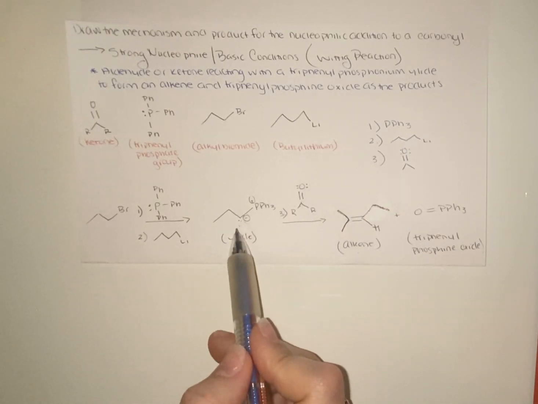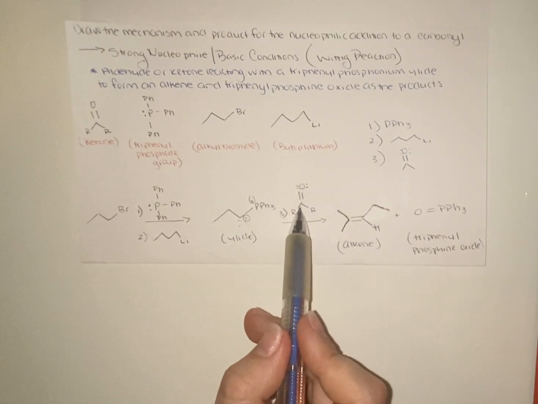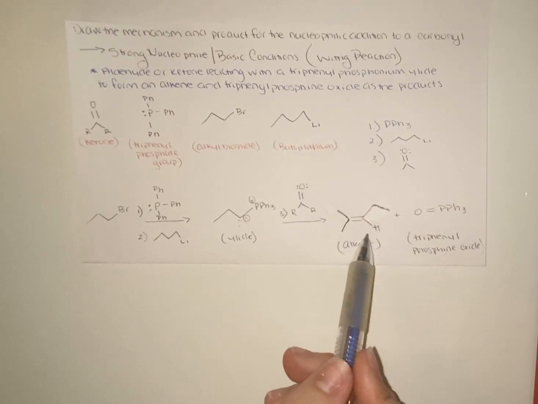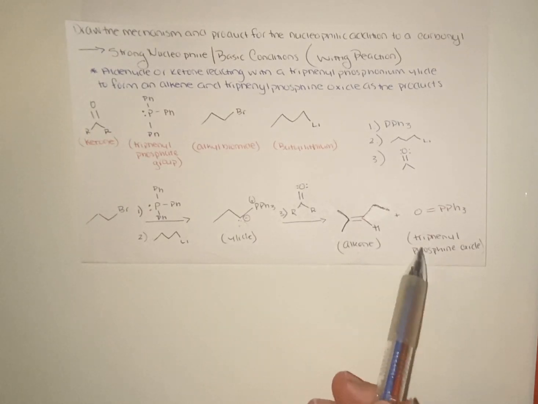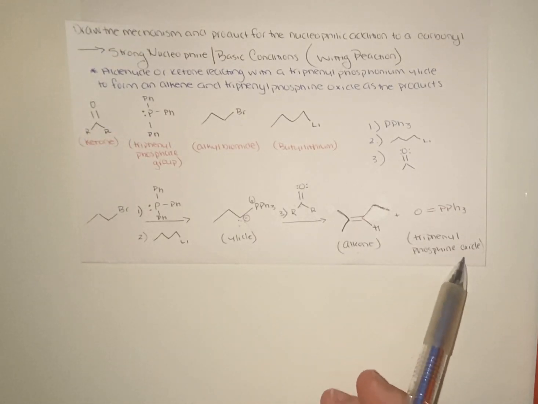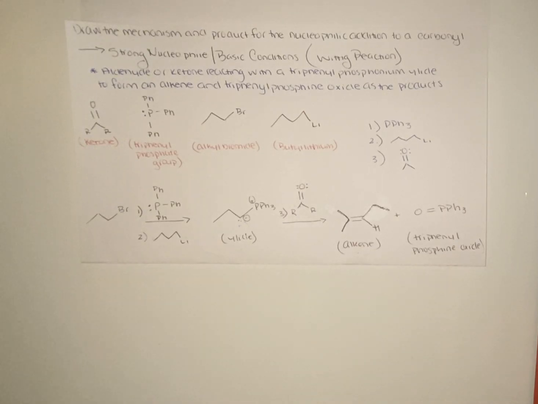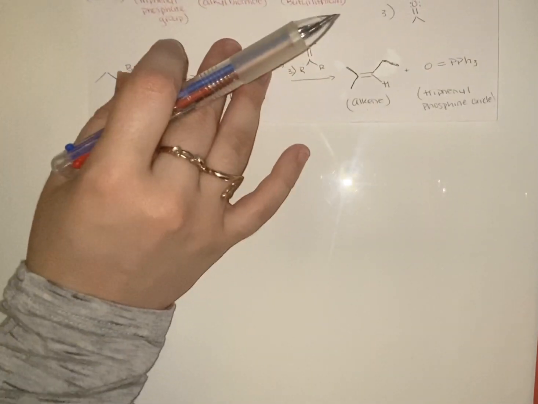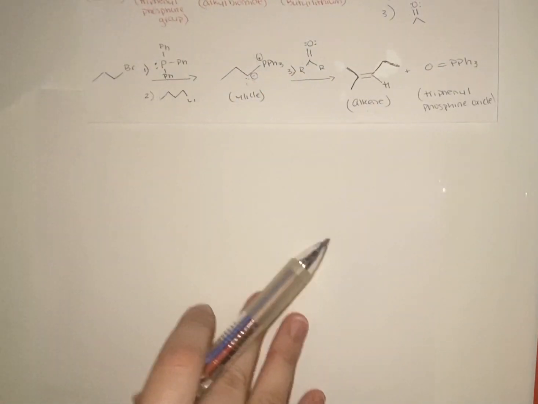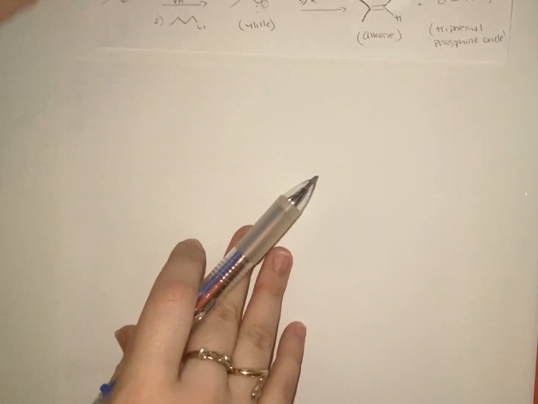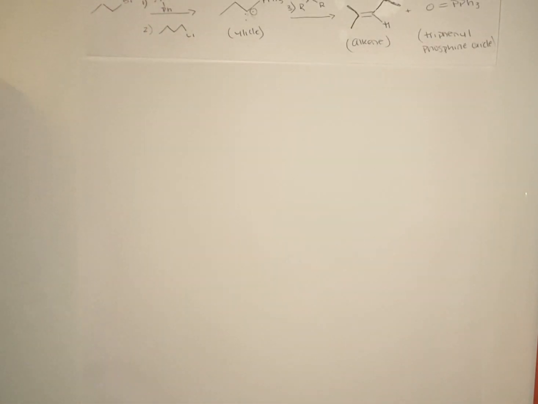And from there, the ylide is then able to attack the ketone, and then the product of the alkene forms along with the triphenylphosphine oxide that is formed. And the mechanism for this reaction includes all of these compounds.